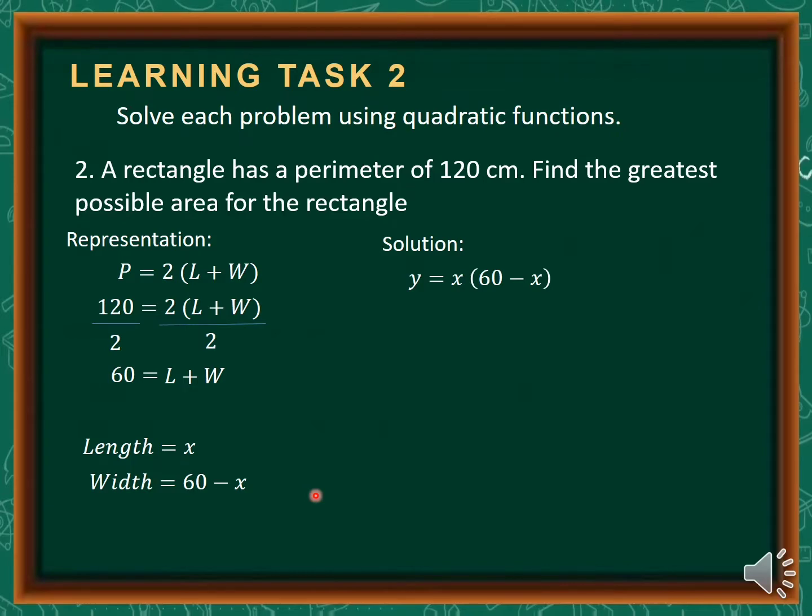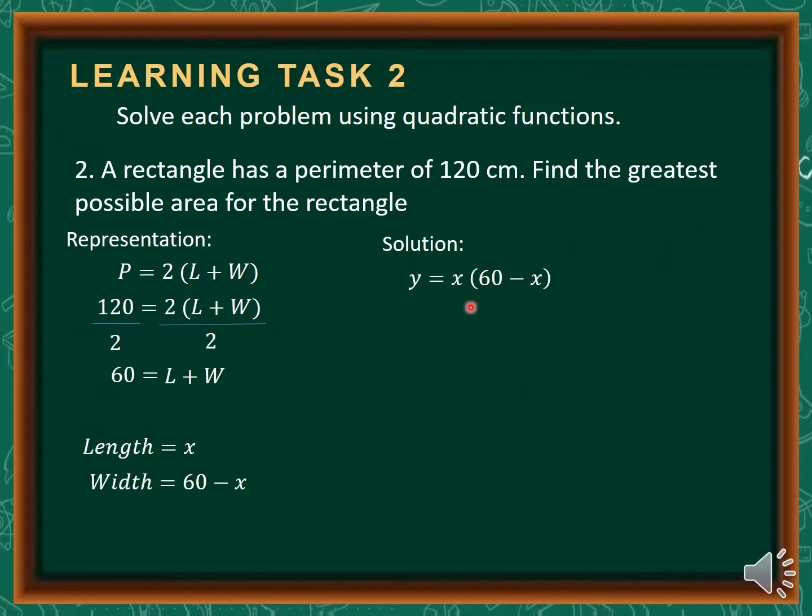So, after that, let us form an equation. Since this involves quadratic function, y is equal to x times 60 minus x. Product yan, since we are looking for the area. Ang area po is equal to length times width. Kaya po, x times 60 minus x. Naunawaan po ba to? Very good. Now, let us simplify.